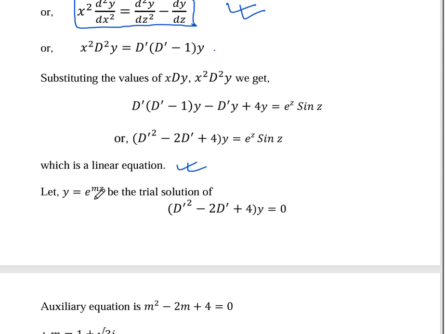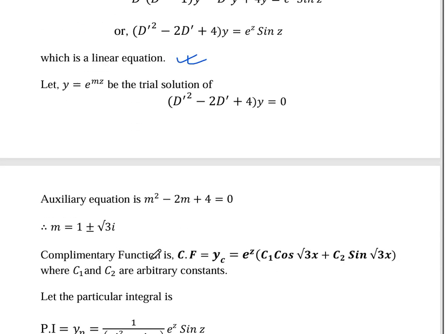So y equal to e to the power mz is the trial solution of the left hand side equal to 0 for finding the CF. So (D dash squared minus 2D dash plus 4) y equal to 0. The auxiliary equation is m squared minus 2m plus 4 equal to 0, and you should write that since e to the power mz is not equal to 0.